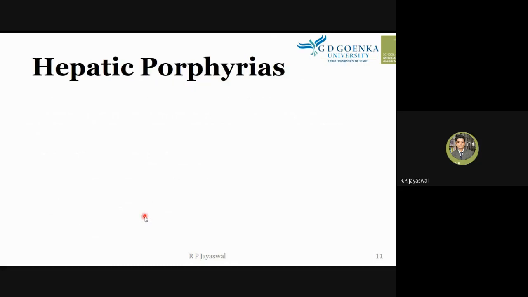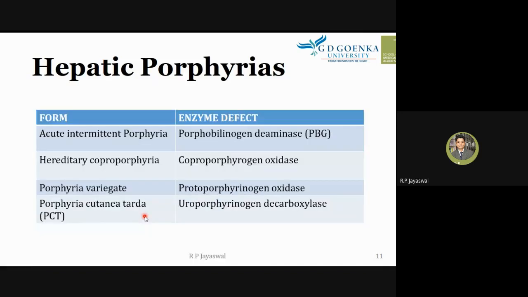What are hepatic porphyrias? These are the major hepatic porphyrias. The first one we discussed yesterday is acute intermittent porphyria, which is because of deficiency or abnormalities of the enzyme porphobilinogen deaminase. Second is hereditary coproporphyria, which is because of a deficiency or defect in the enzyme coproporphyrinogen oxidase.